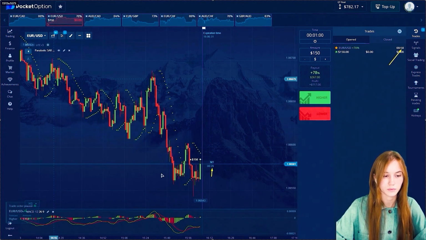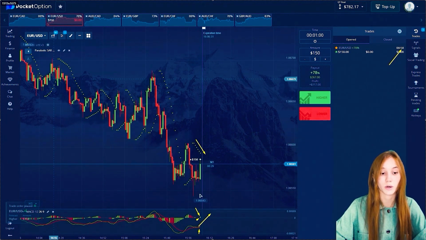So let's see for our candles. By parabolic we see decreasing trend, but by MACD we see that the green line is going up and the red bar is lower.